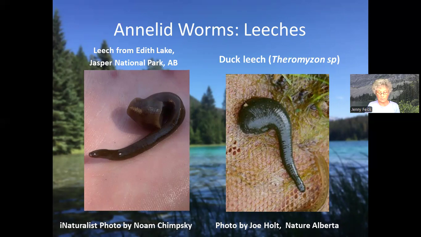They help clean up freshwater environments. However, there's a thing called the duck leech, which is a parasite on waterfowl. And infestations can actually be fatal, especially to ducklings, cygnets, and goslings.